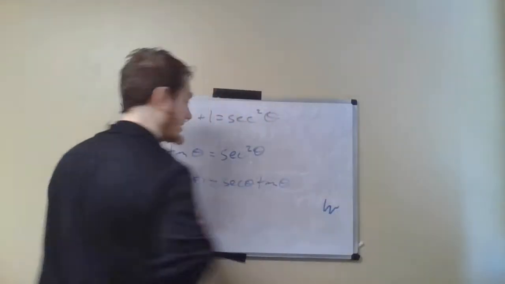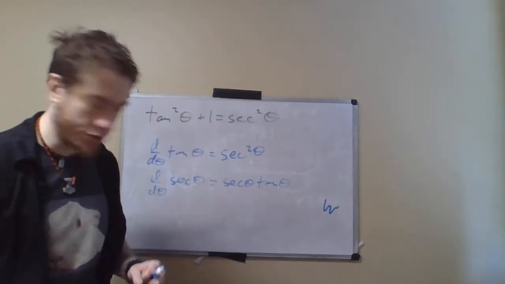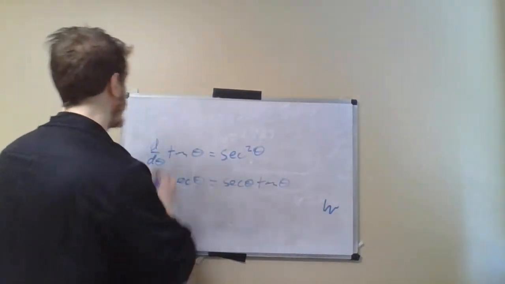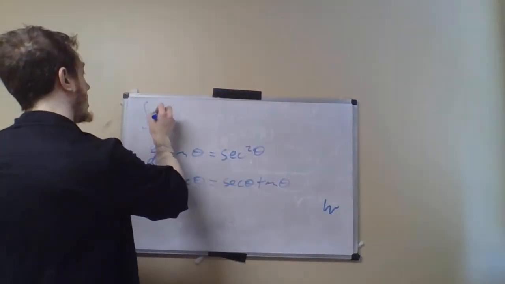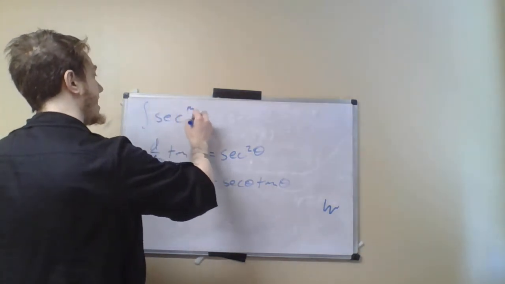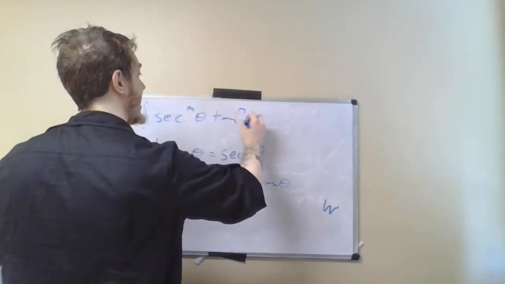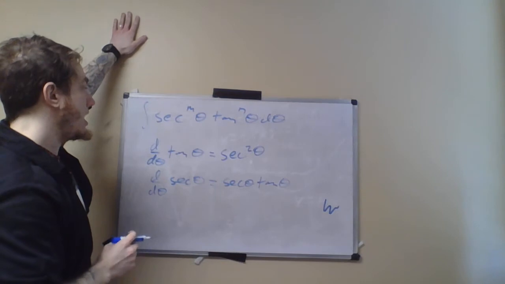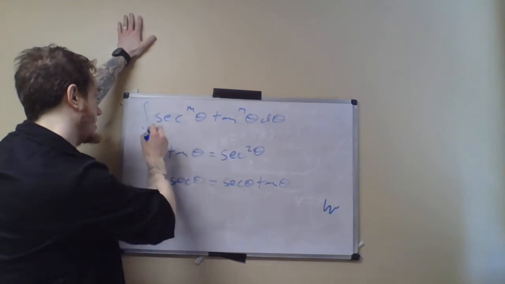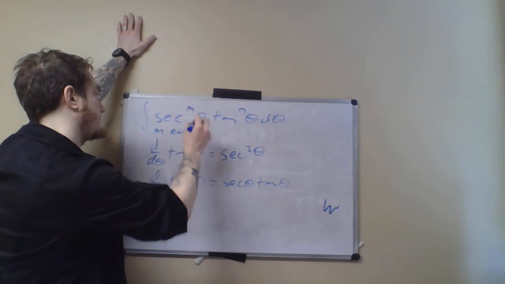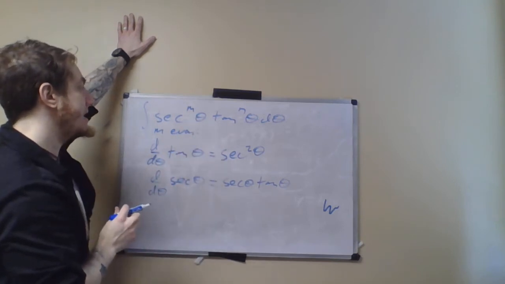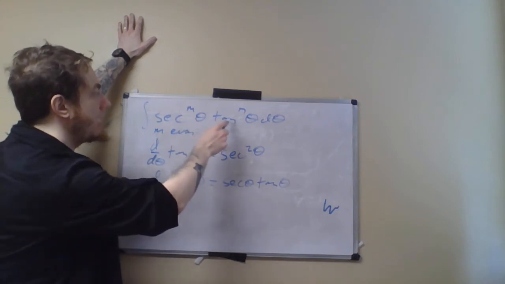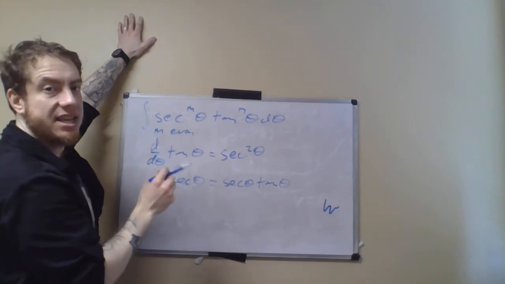So what are the circumstances under which we're going to be able to make those substitutions? Well, if I have something that looks like the integral of secant to the m theta, tangent to the n theta d theta, and m is even, then I can rewrite this entire thing in terms of tangent theta except for a secant squared.